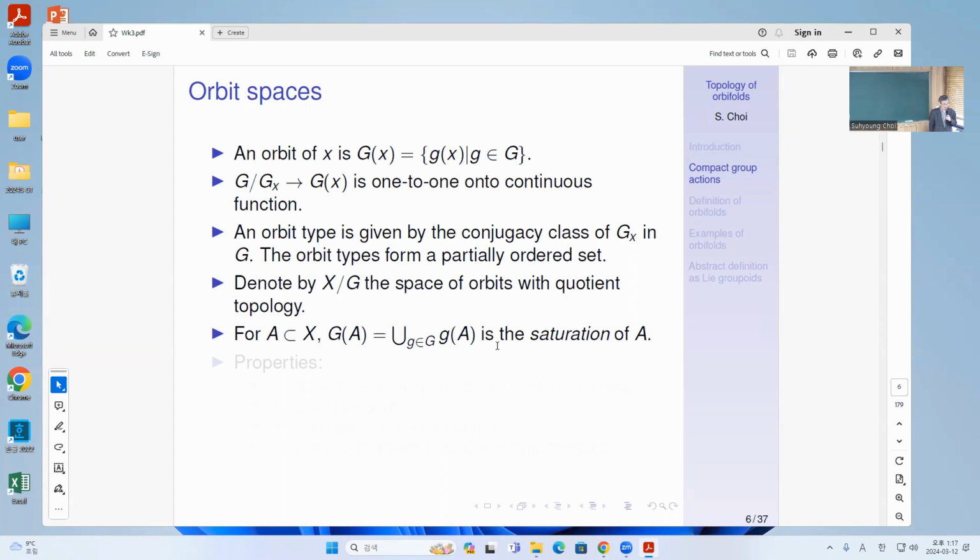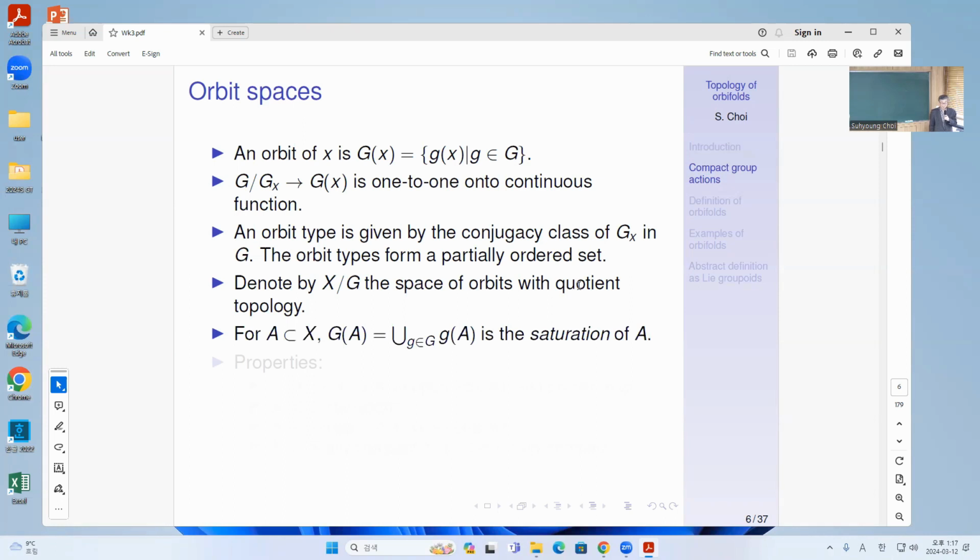And for any subset A of X, GA is an orbit of a set, in fact. You look at the union of the images of A under G, so that is an orbit of the set, not an orbit of a point.